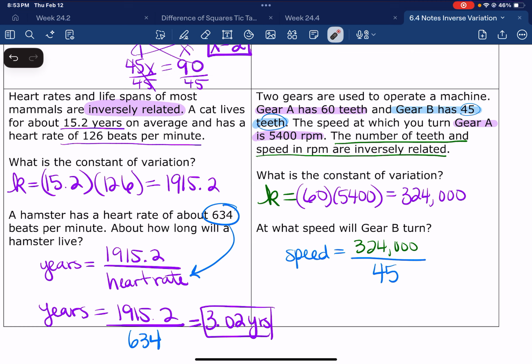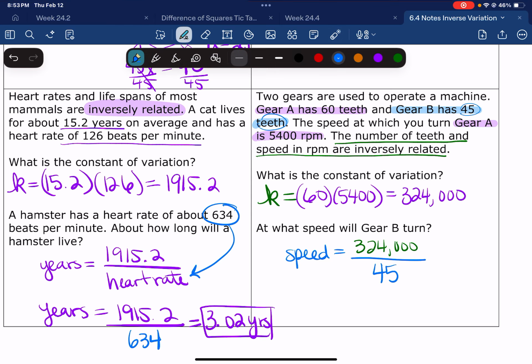So speed and teeth have this inverse relationship. So all we've got to do is, in our calculator, do 324,000 divided by 45, or you can do long division, of course. And that gives us 7,200. Okay, so 7,200 RPM. It's important that you always put your units of measure on this. On any word problem that you do, you always want to talk about context. All right, so that's how you use inverse relations. That's how you use inverse variations. Have fun.